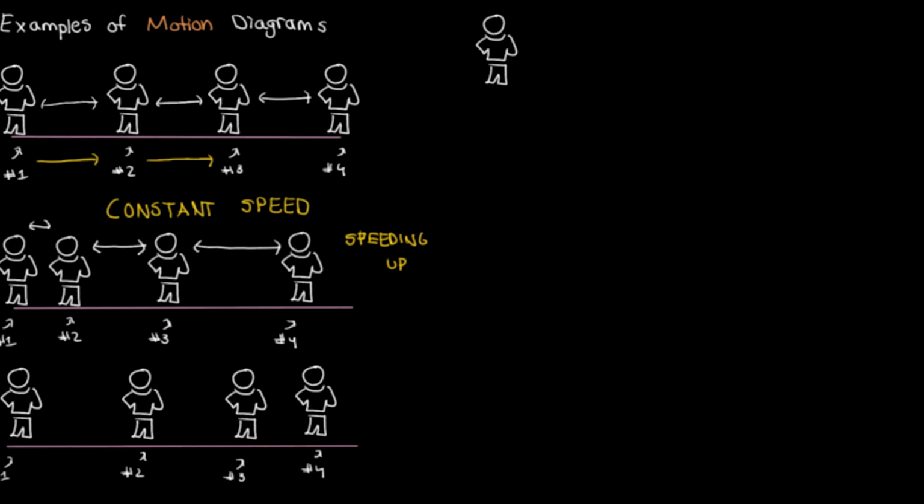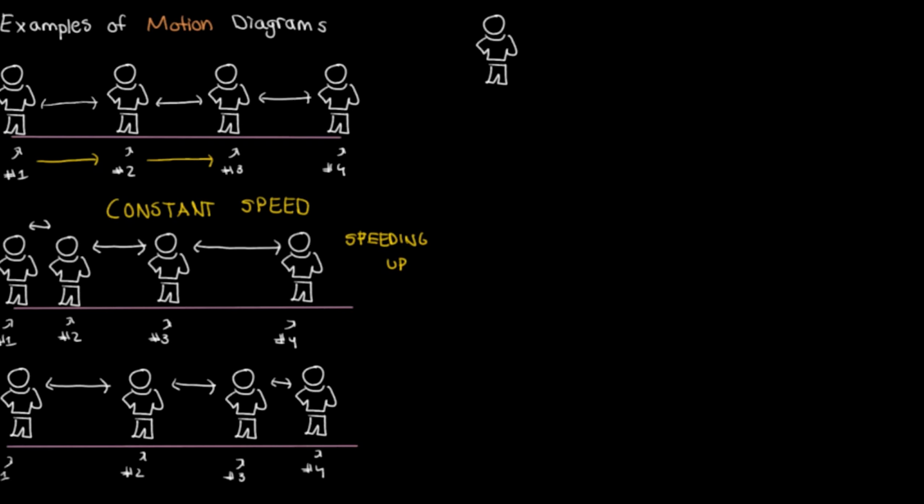So you can clearly see that the distance between the first and second frame is a lot longer than the distance between the second and third frame, which is a lot longer than the distance between the third and fourth frame. Remember, the interval of time between frame 1 and frame 2 is the same as between frame 2 and frame 3, and between frame 3 and frame 4.